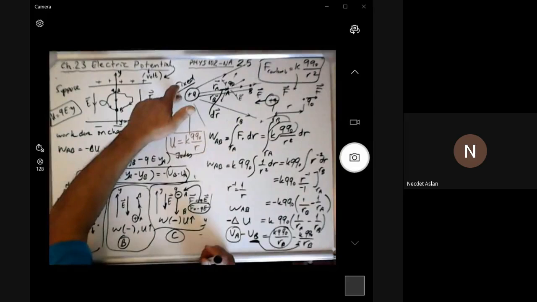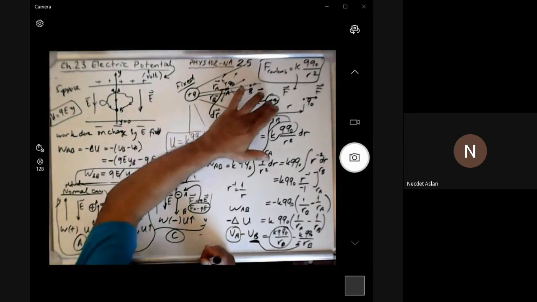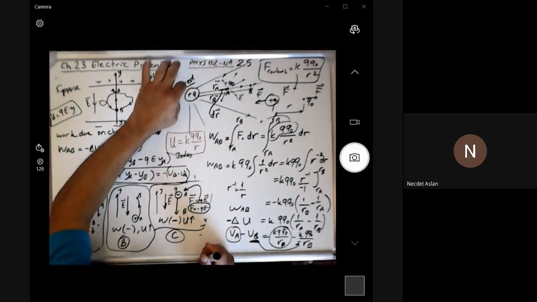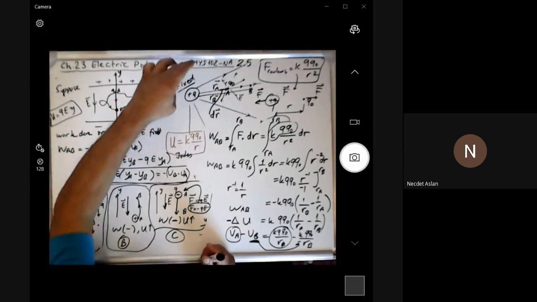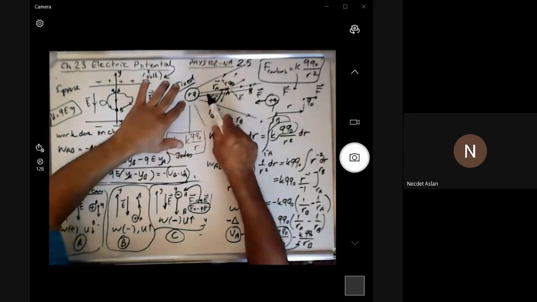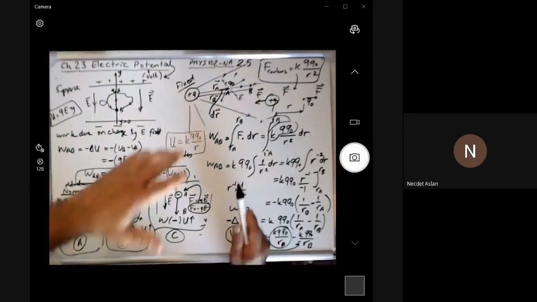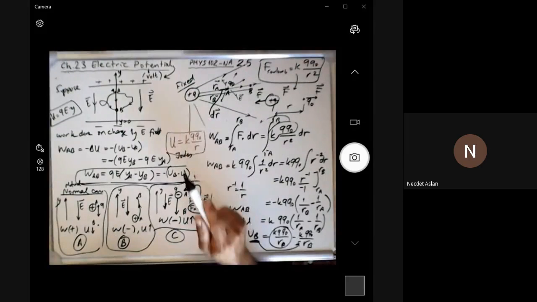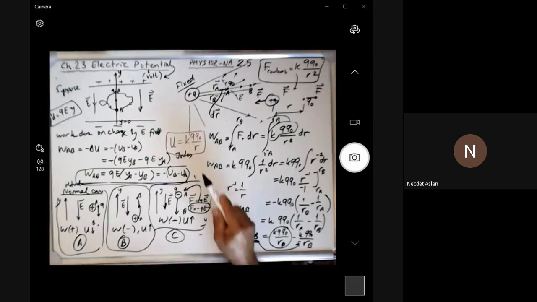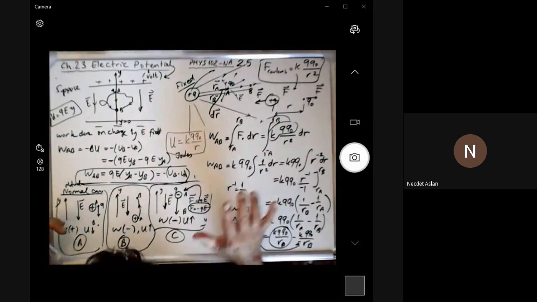This is the reason that in this example, we fixed this charge. We didn't allow this charge to move, only this charge was moving. But if this charge was also moving, the electric field would change according to its position, and the force wouldn't be conservative in this case. But for the fixed cases, it is conservative. So the direction of the electric field would change if this moves, for instance, this way.